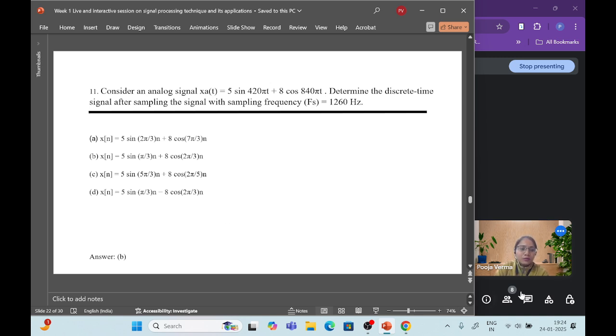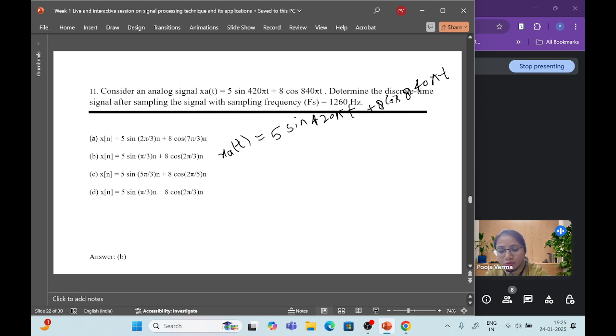Any one of you? Okay, solve it. Okay, great. So the analog signal is given as xa of t equal to 5 sine 420 pi t plus 8 cos 840 pi t.